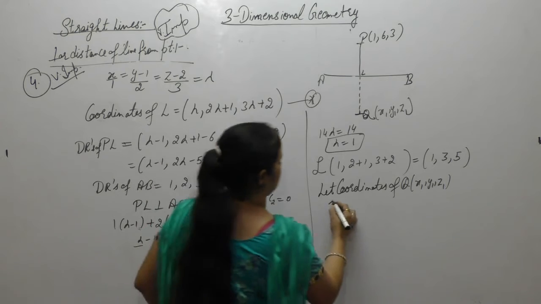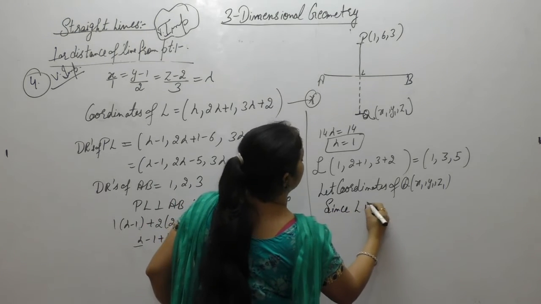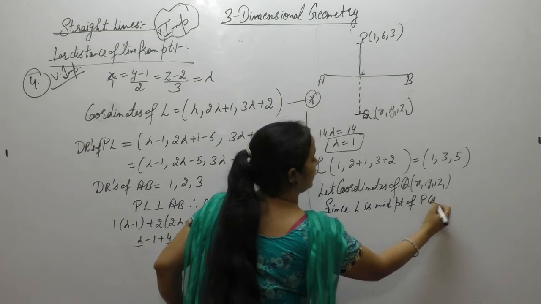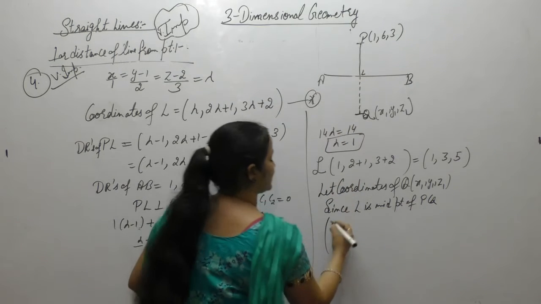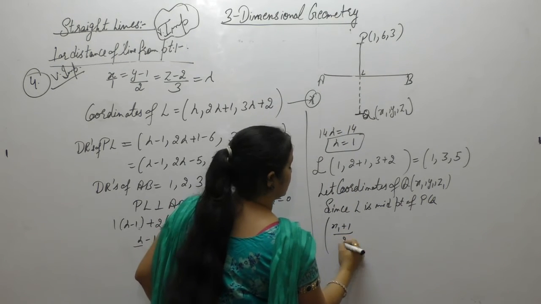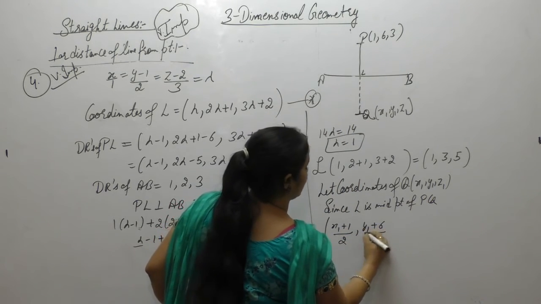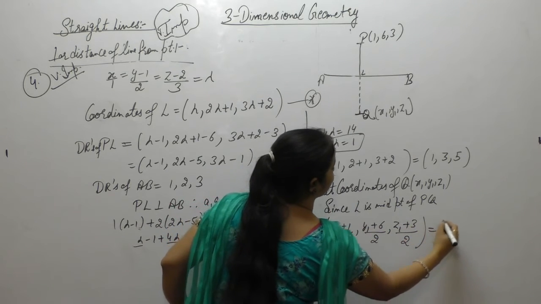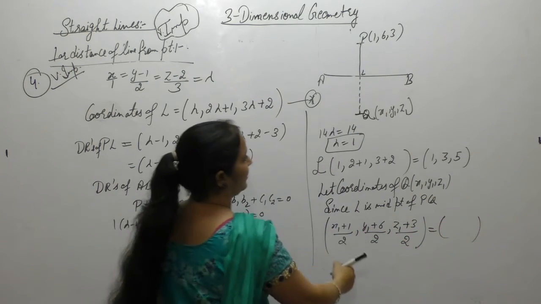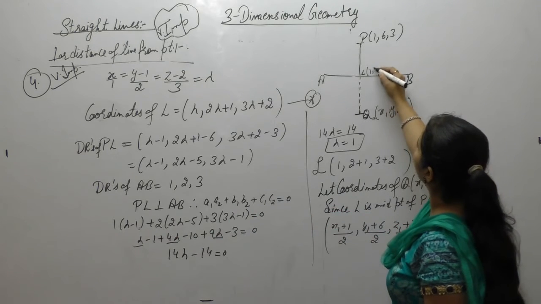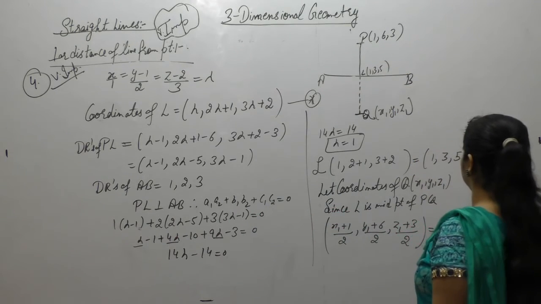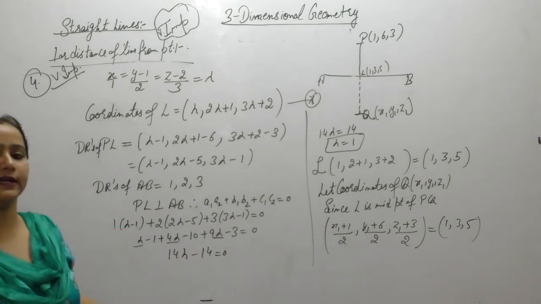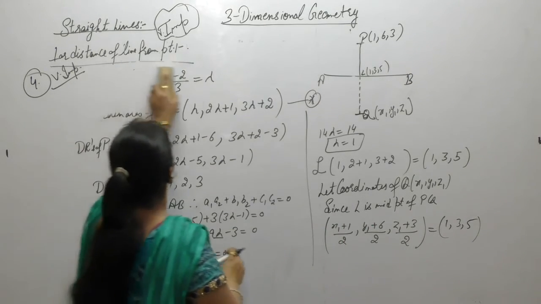Since L is the midpoint of PQ, using the midpoint formula, (x1 plus 1) upon 2, (y1 plus 6) upon 2, (z1 plus 3) upon 2 is equal to the coordinates of L. What did we find? 1, 3, 5. From this we will get x1, y1, z1, that is the coordinates of Q.